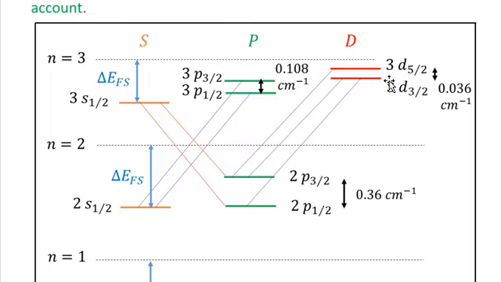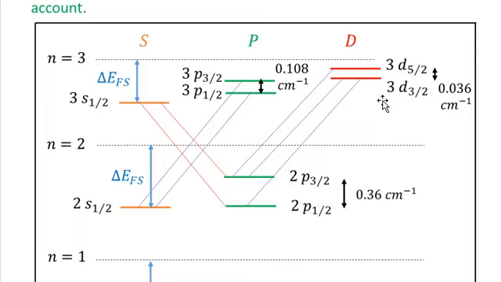And also here I have shown that the level D3/2 and the level P3/2 are at the same energy level. But in principle, later when we take the Lamb shift into account, we shall see that there will be a difference of energy between these two levels having the same value of J.